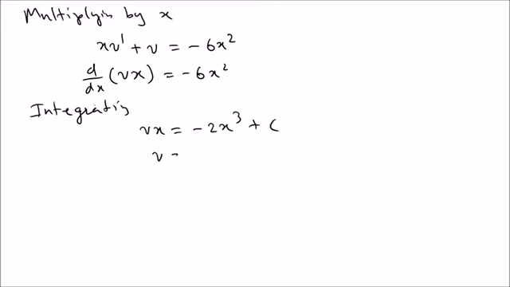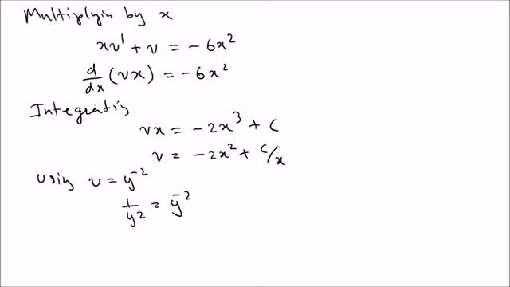So that means v equals, if you divide by x, negative 2x squared plus c over x. Now using v equals y to the negative 2, we're going to substitute that. So we have 1 over y squared, which is y to the negative 2, equals negative 2x squared plus c over x.